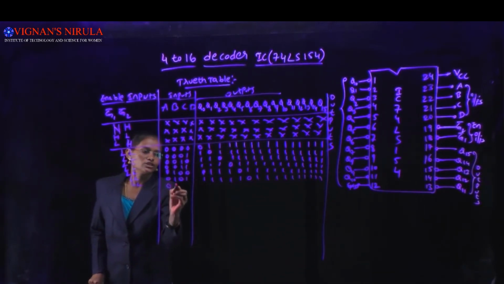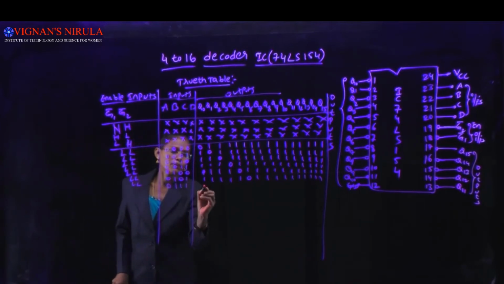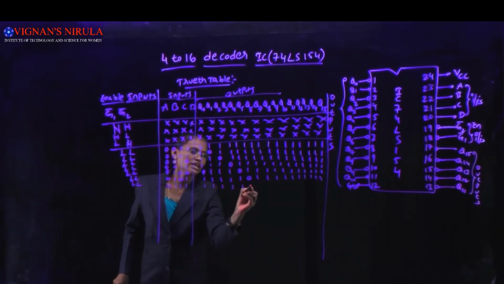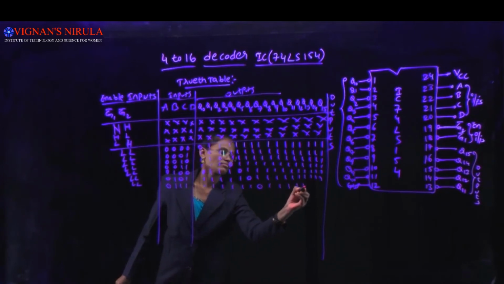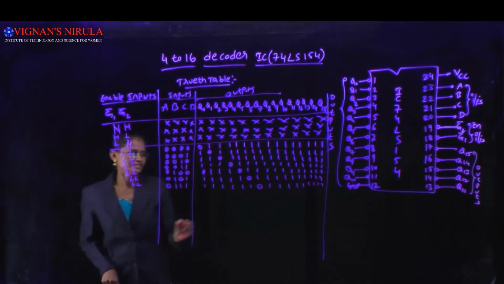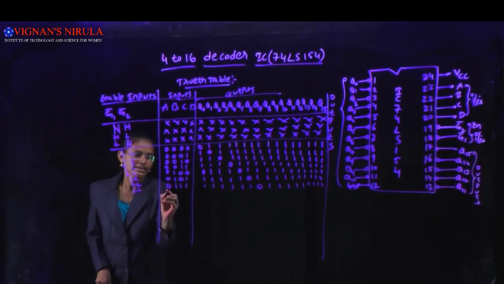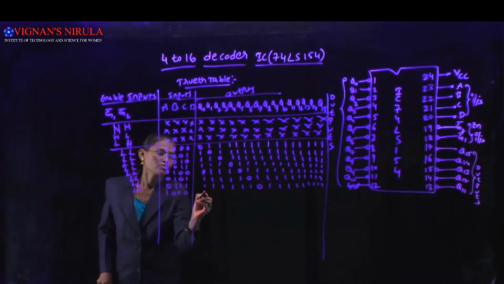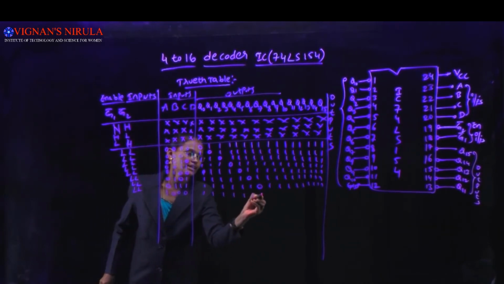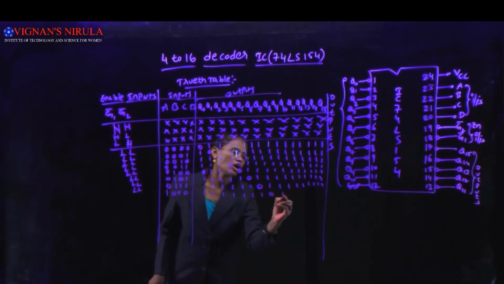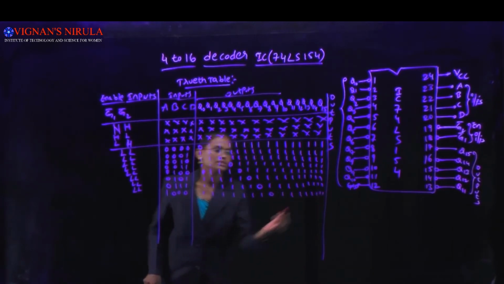And next 0111, that output is Q7 and remaining all are 1s. And next 8, Q8 output is low and remaining all are 1s.